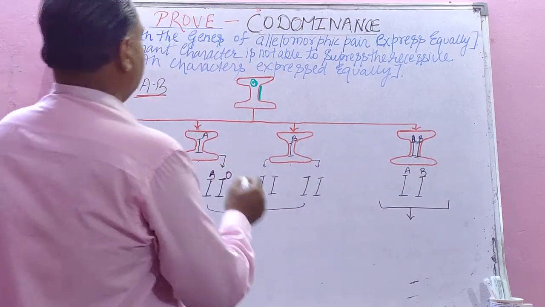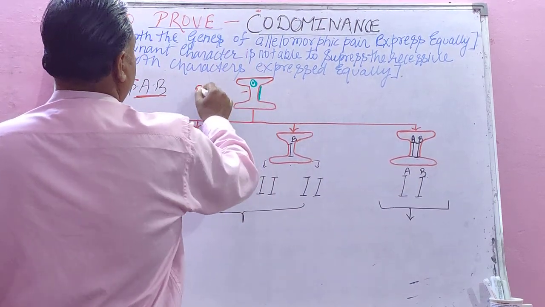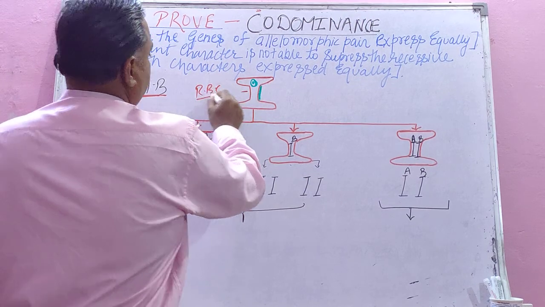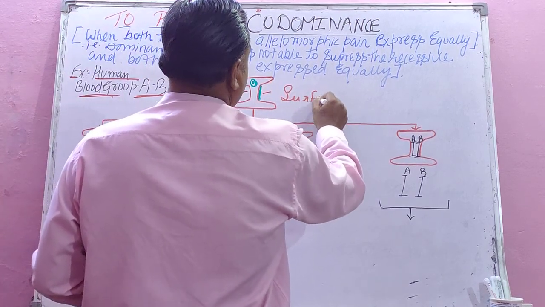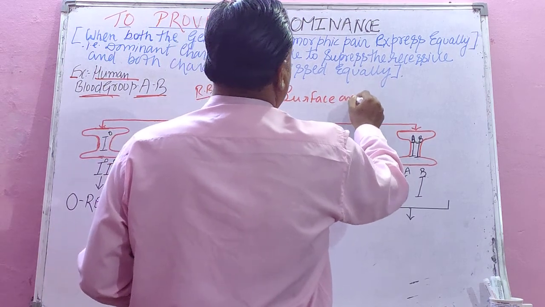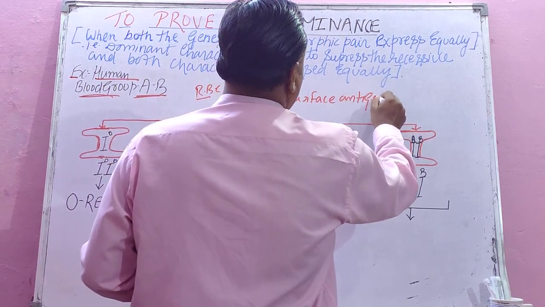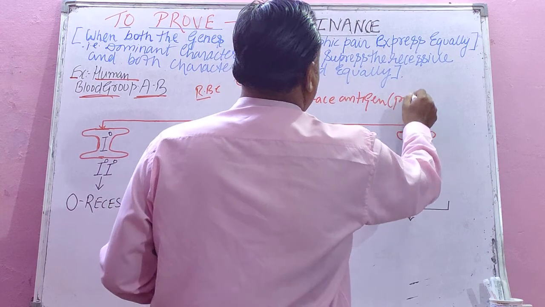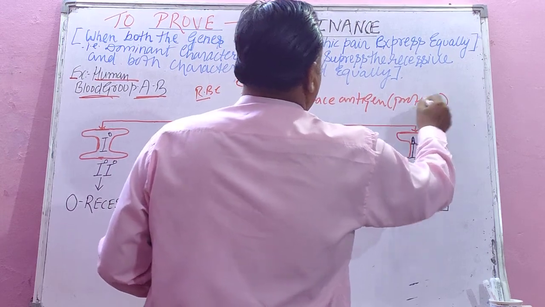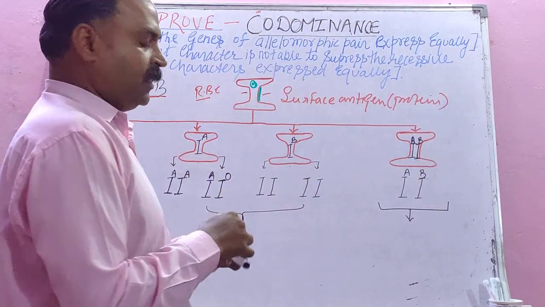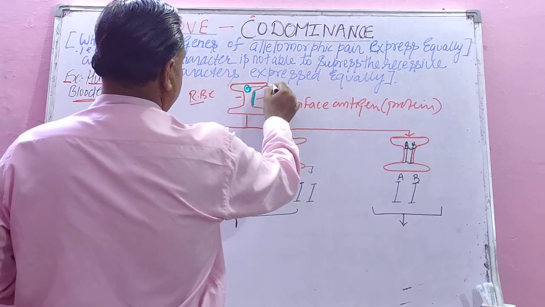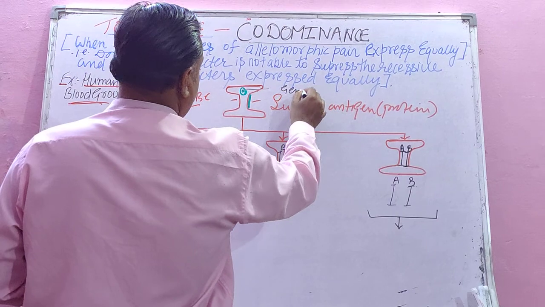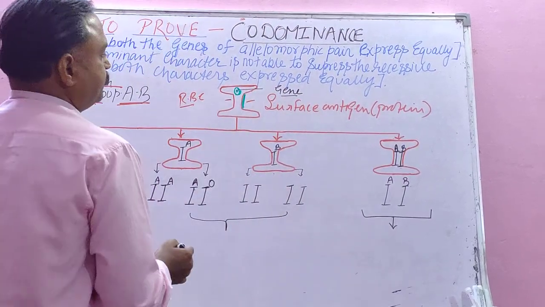Let us see now. You know, this is the RBC. On the RBC, there is a surface antigen responsible for denoting your blood group. Antigen is nothing, student, but protein. DNA or genes make RNA and RNA makes protein, and that is the gene for that surface antigen on the RBC.